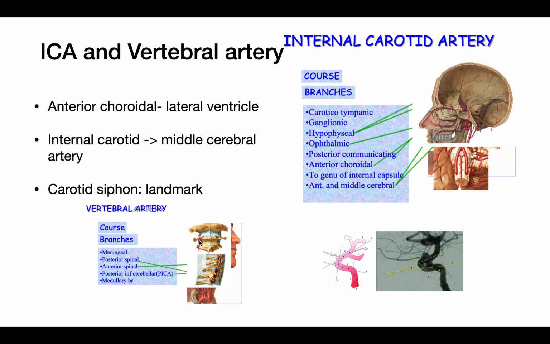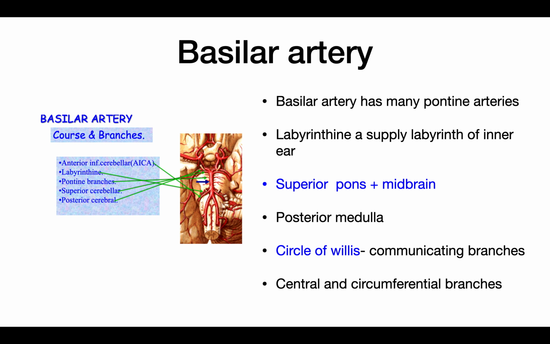And the vertebral arteries, of course, supply the vertebra along with the meninges, and it feeds into the posterior inferior cerebellar artery, and there are some medullary branches there too. The basilar artery has a huge pontine supply, so it supplies a lot of the pons itself.